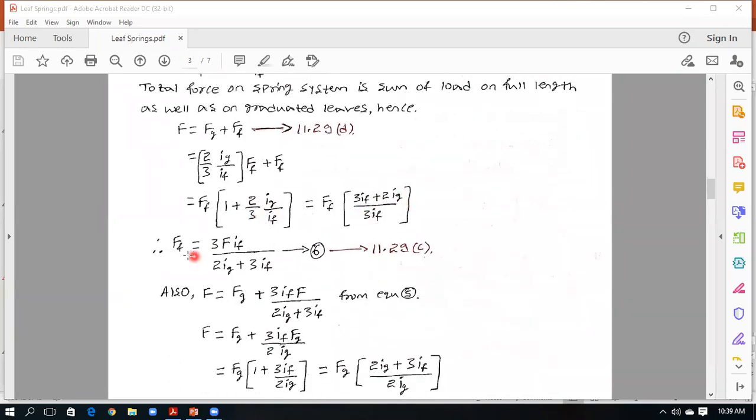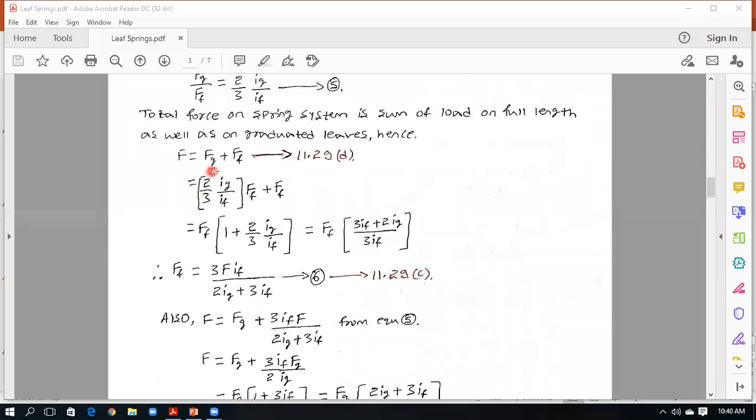Therefore F_f is equal to, call this equation 6. This is 11.29c, which is there in your data book. Similarly, now I substitute the value of F_f.